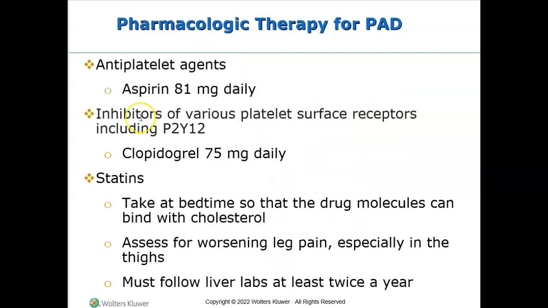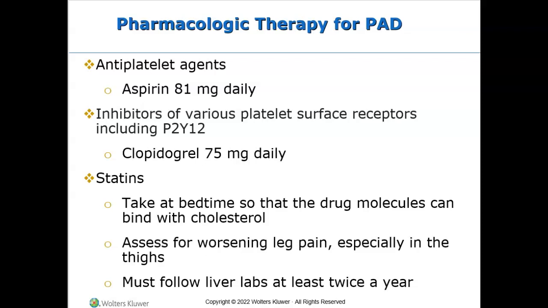Okay. The commonly used medications for PAD are antiplatelet medication, aspirin, and inhibitors of various platelet surface receptors, including P2Y12, clopidogrel, which is also known as Plavix. Statins, commonly prescribed as atorvastatin.